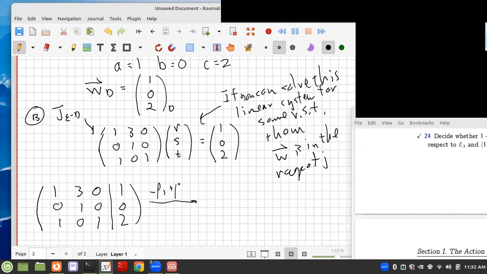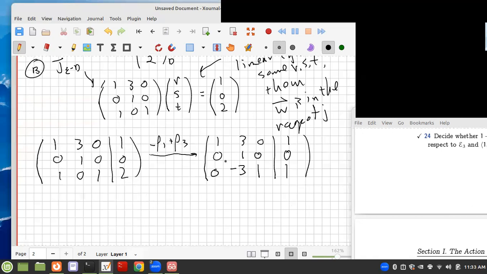Minus row 1 plus row 3. 1, 3, 0, 1, and we're not going to change the second one, but we're going to do minus 1 times plus 1 is 0, minus 3 plus 0 is minus 3, and minus 0 plus 1 is 1, and minus 1 plus 2 is 1.